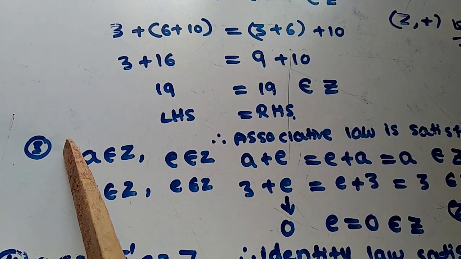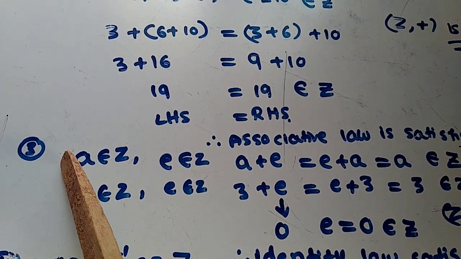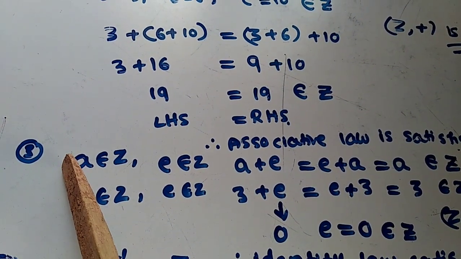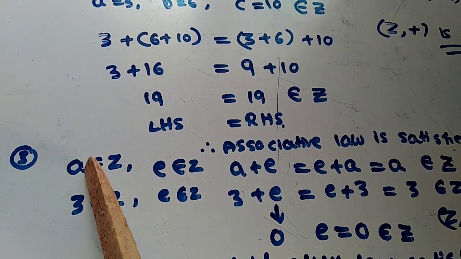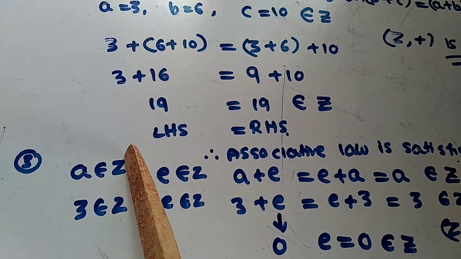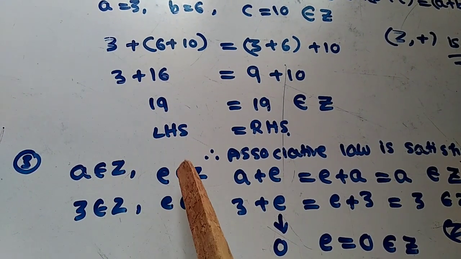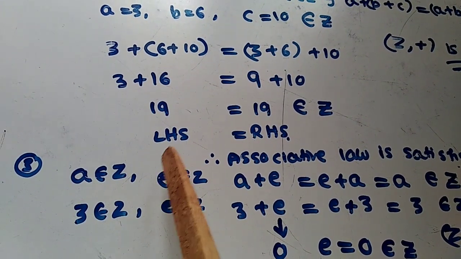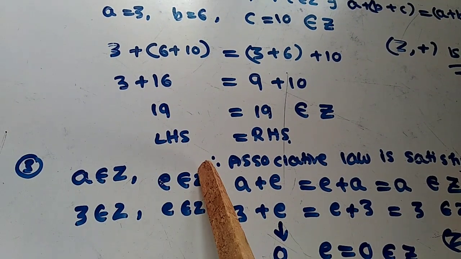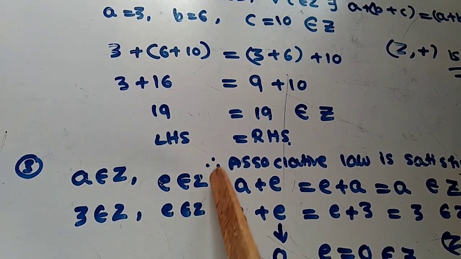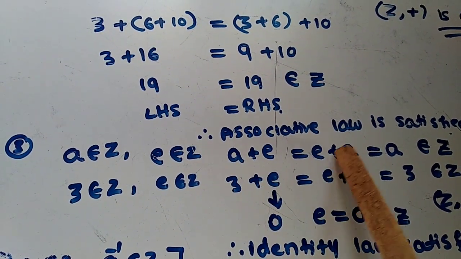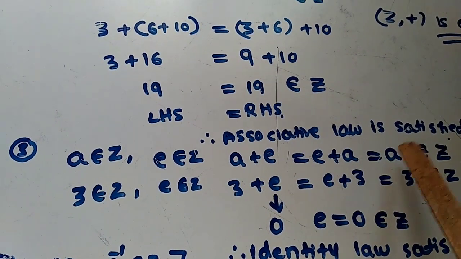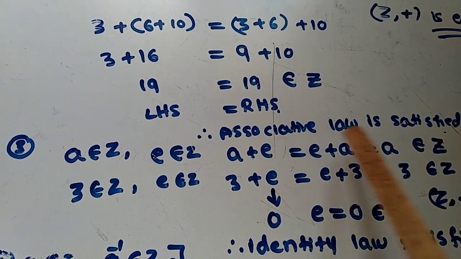Come to the third one, which is the identity law. So what is the identity law? Take any number, so that number should belong to your set. Then the identity element should also belong to your set. This is your condition: A plus E is equal to E plus A is equal to A. When is it possible?